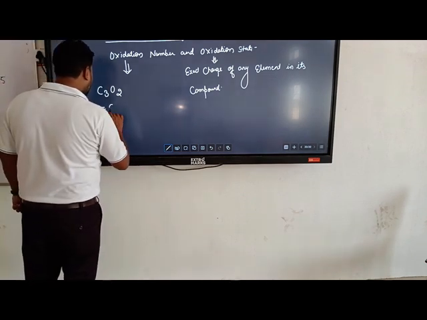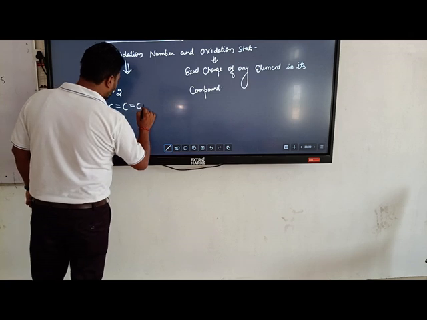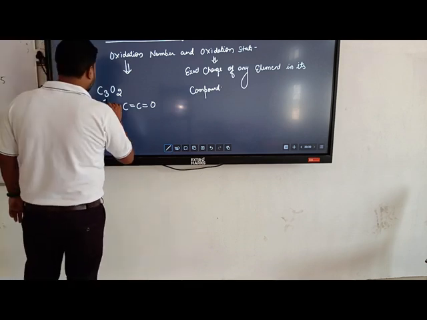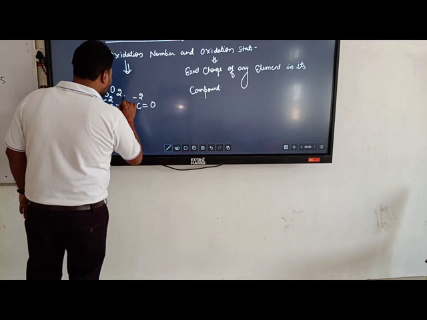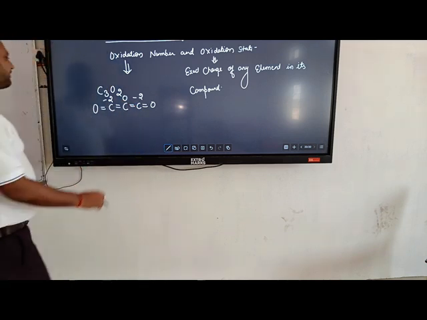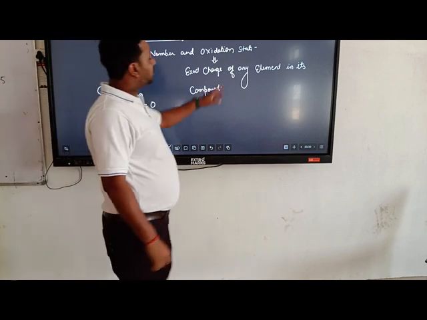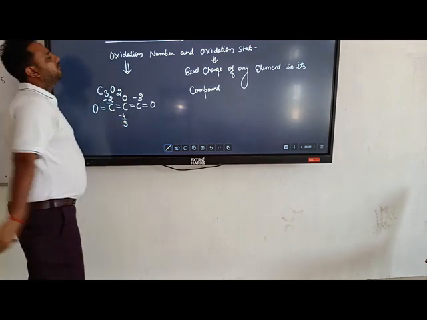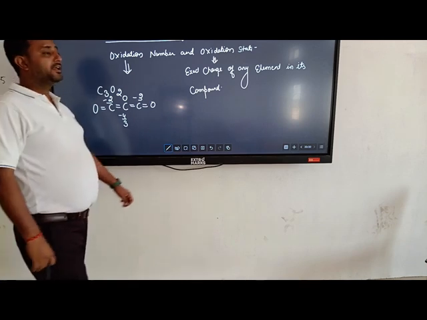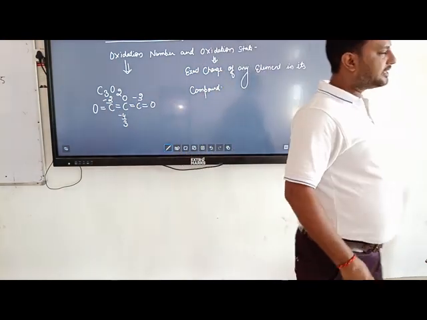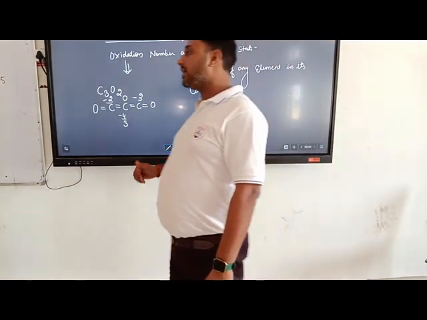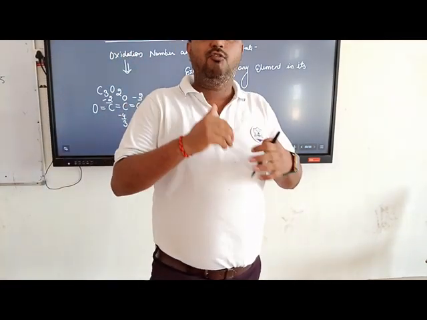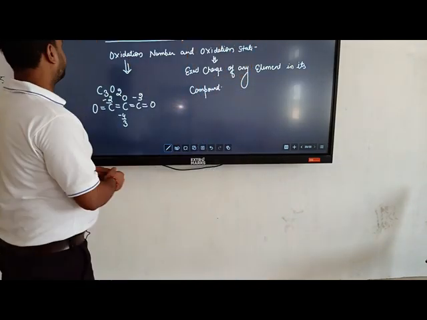So in carbon suboxide, there is presence of more than one carbon, and each carbon exists in different charge form. तो ये जो कार्बन है वो इसका जो डिफरेंट चार्ज है वो तो इसका हो गया ऑक्सीडेशन स्टेट। हमने इन सबको मिला दिया और फिर सब पर जो एवरेज चार्ज जाएगा वो हो गया -4/3। मींस हम कह सकते हैं कि जब कोई एलिमेंट एक ही कंपाउंड में एक से ज्यादा चार्ज फॉर्म शो करेगा, देन दैट इंडिविजुअल चार्ज फॉर्म्स आर देयर ऑक्सीडेशन स्टेट, बट देयर एवरेज will represent the oxidation number.